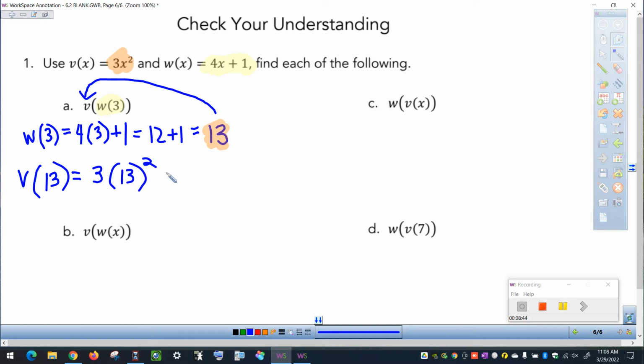And whenever we see something like this, we want to be really careful that we're always doing our exponent part first before we multiply. So that's just order of operations. So we want to do 13 squared first to get 169. Then we'll multiply that result by 3, and we get a final answer of 507.